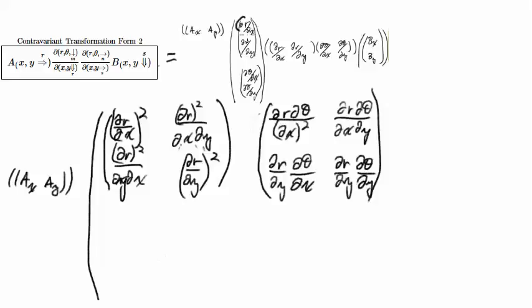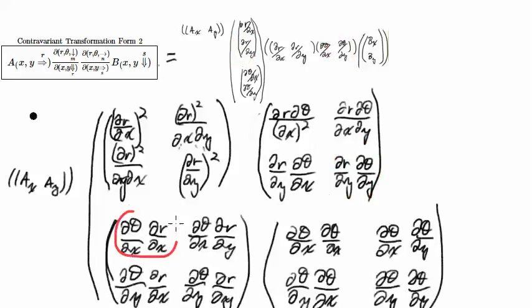Then for the next part, we'll have del r del x del theta del x right here. Right here, we'll have del r del x del theta del y. Right here, we'll have del r del y del theta del x. And right here, we'll have del r del y del theta del y.